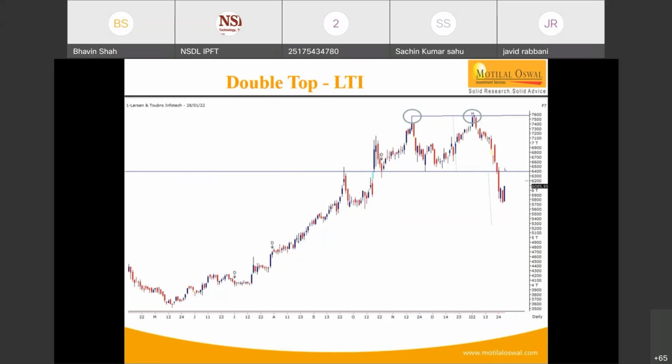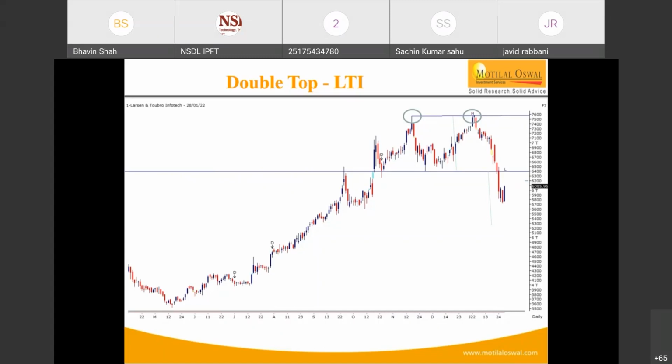So we've seen it's almost touched 5700, and we expect that the stock may move lower and meet its double top target, which comes close to around 5200 levels.